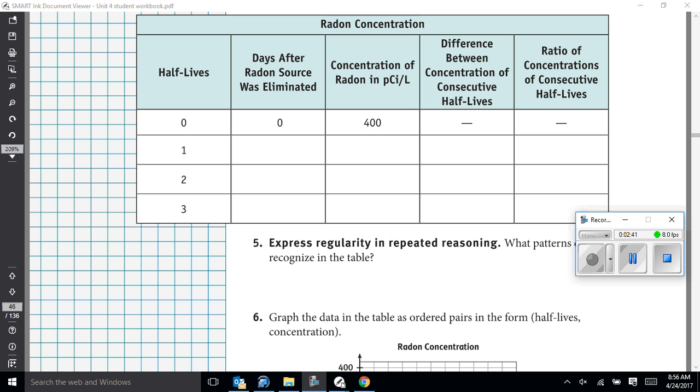Wait till we get the table filled in. No, it's wrong. You're wrong. Why?